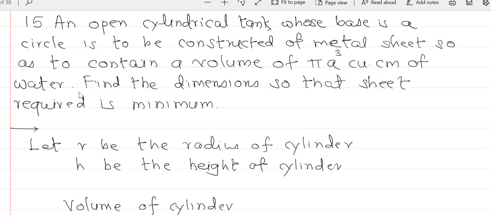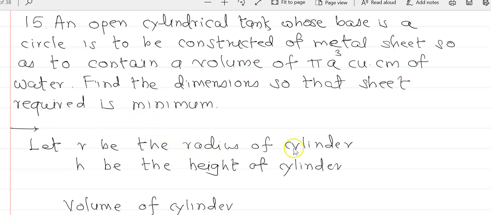Find the dimensions so that the sheet required is minimum. We want to construct the cylinder, whose base is a circle, of metal sheet so as to contain a volume of πa³ of water, such that the required sheet is minimum.